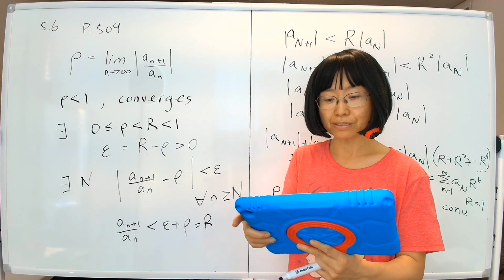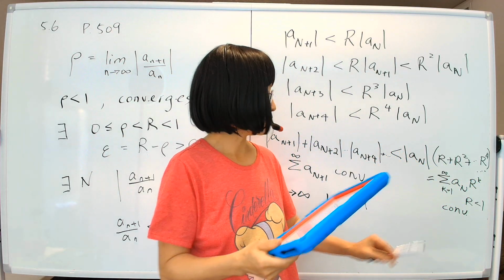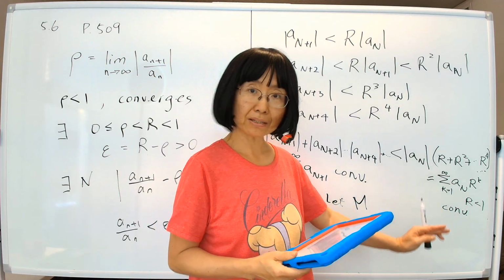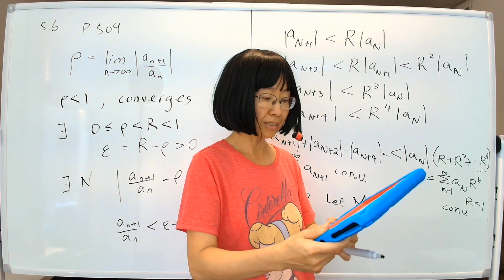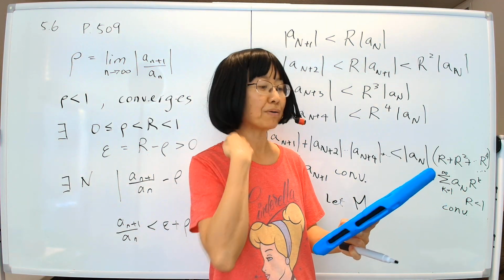Otherwise, the principle is exactly the same. In part 2, r is bigger than 1, so the geometric series diverges, and then by the comparison test, the whole thing diverges. And that's how part 2 makes sense.